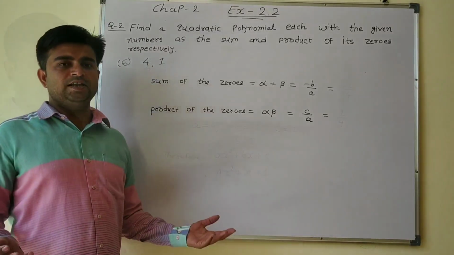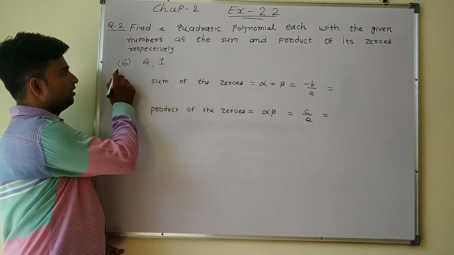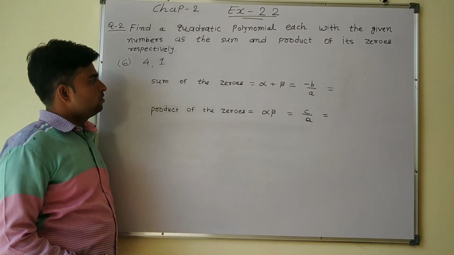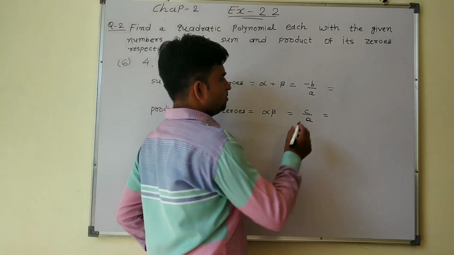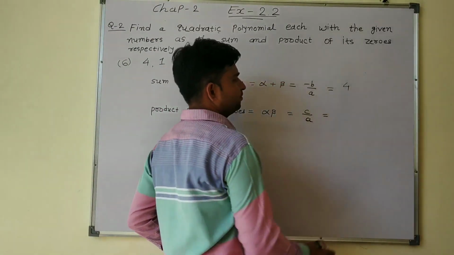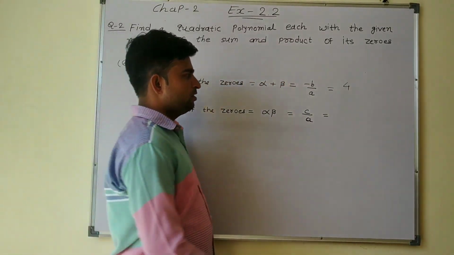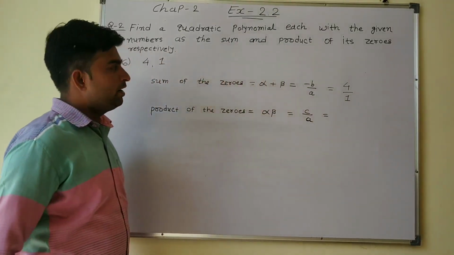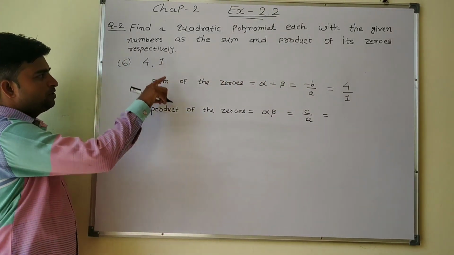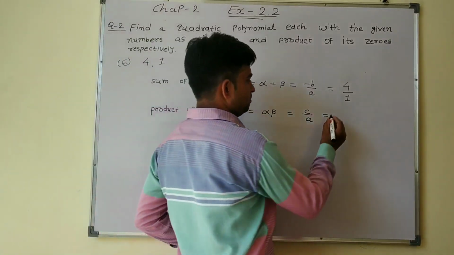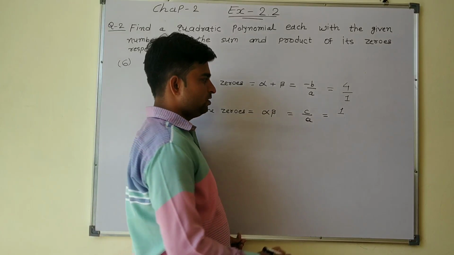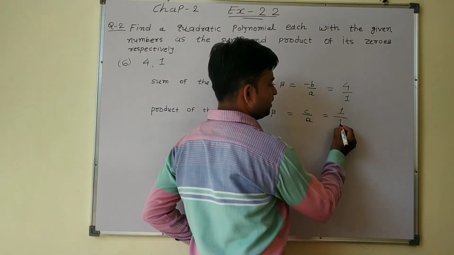Let's see the last number 6. 4 and 1. Here 4 and 1 are given. So 4 is the sum of the zeros, so it is equal to 4, and upon nothing given, so we have to write 1, 4 upon 1. Now the product of zeros is given 1. So c upon a is equal to 1, and here also upon nothing given, so we can write 1.